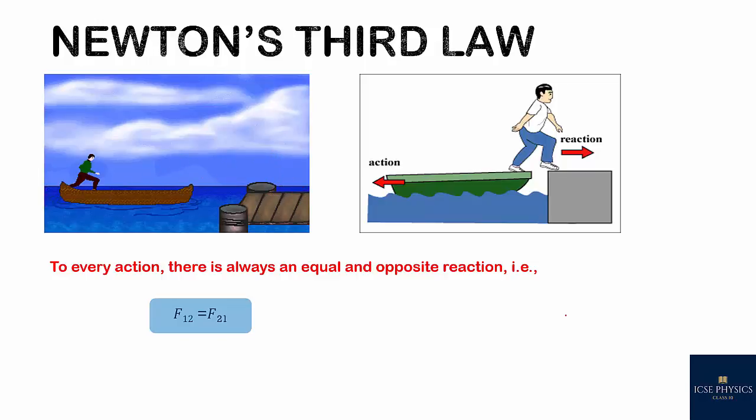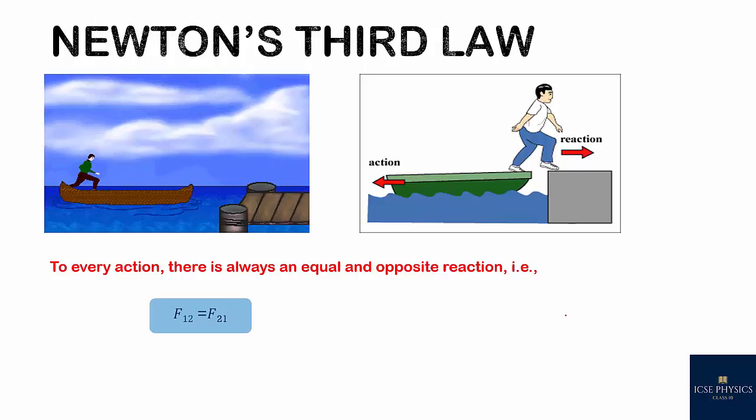So the important point here is that Newton's second law is the fundamental law. Why? Because it gives us the formula of force, which is mass into acceleration. The first and third laws can be obtained from the second law. So these are the three laws of Newton. The first law was the law of inertia, which was the case for balanced forces.